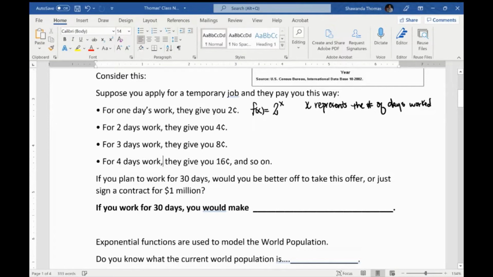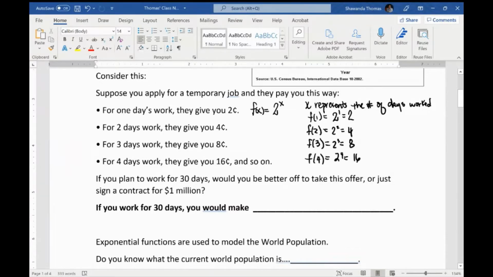So if we plug in 1, for example, that's 2 to the first, which equals what? 2. F of 2 is 2 to the second, which is 4. F of 3 equals 2 to the third. F of 4 equals 2 to the fourth, which equals 16.